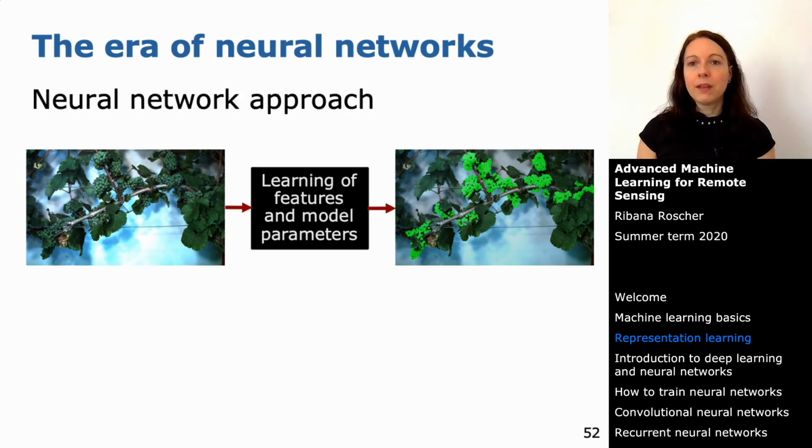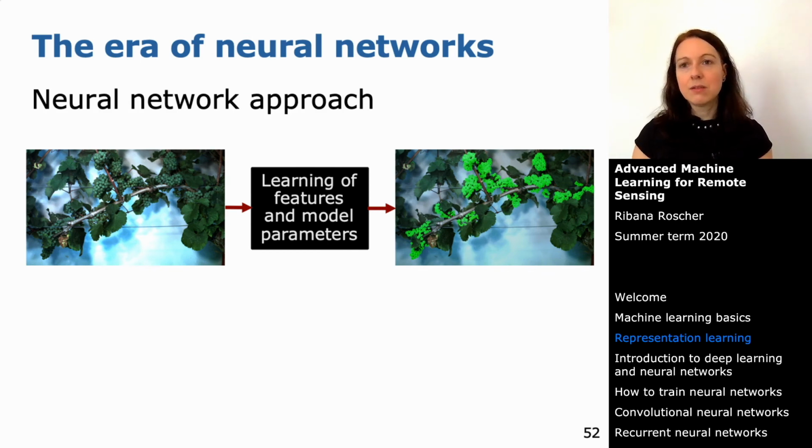So now, when you have a look at how neural networks work, they do it in one step. You do not need to think anymore about which features are relevant for solving your task. The neural network approach learns the features and the model parameters at the same time. You only need to decide which task you want to solve, and then the neural network and the whole optimization process determine the representation automatically.